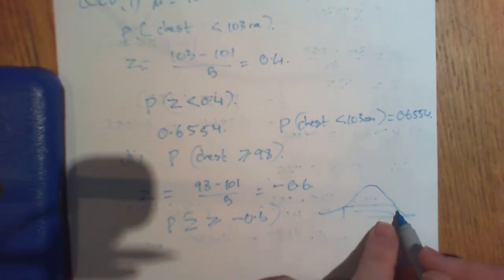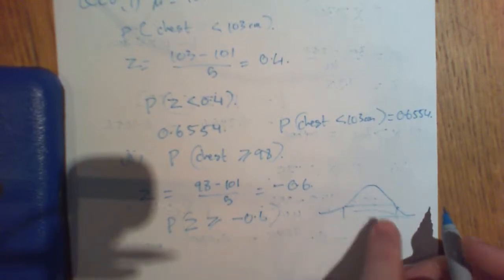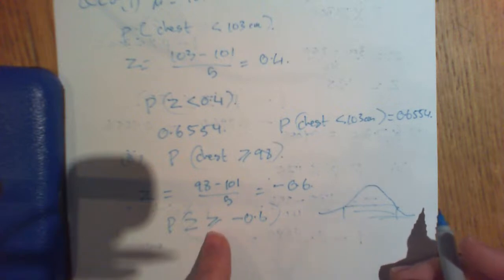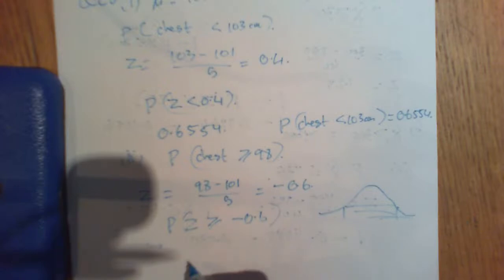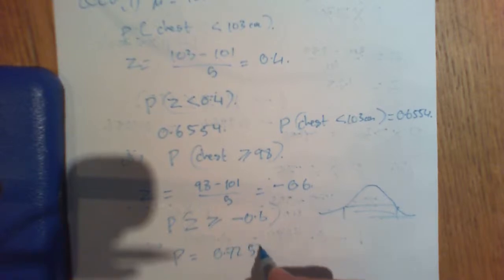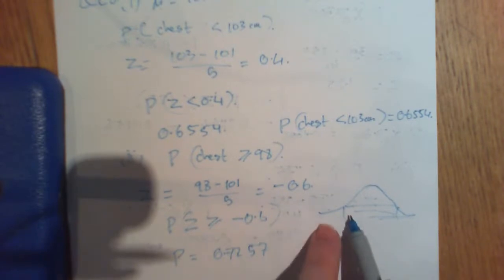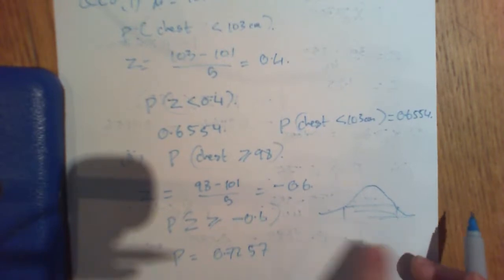That's the same as all that area down there on the other side, so it's the probability that Z is less than 0.6 as well. Looking at the log tables, that probability is 0.7257. So the negative just means look at the positive version and what's less than it, and then you're getting the same answer.